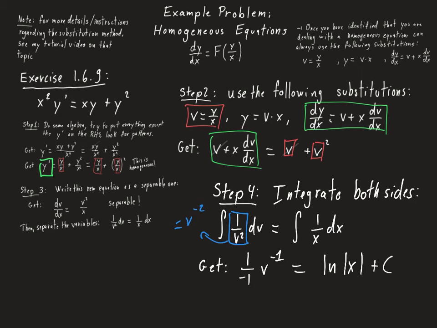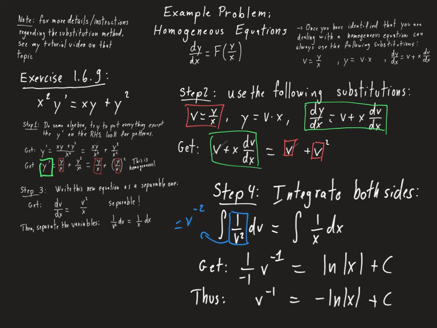I don't really like it being there, so I'm just going to pass it over to the other side. So here I'm just going to write thus. We get that v to the negative first power is equal to negative natural log of x. And we can keep a plus in front of the c, because minus a constant and plus a constant are the same thing.